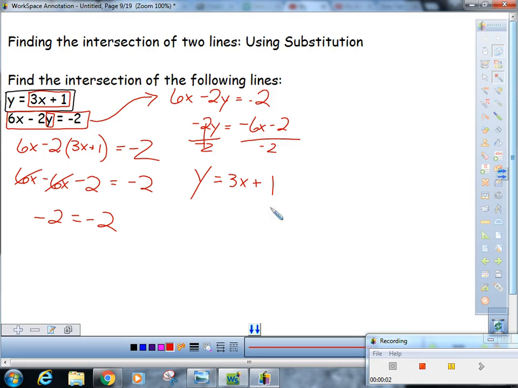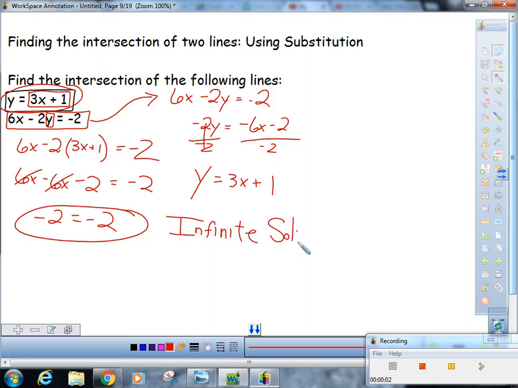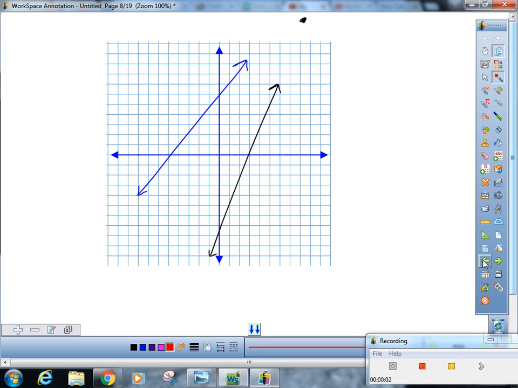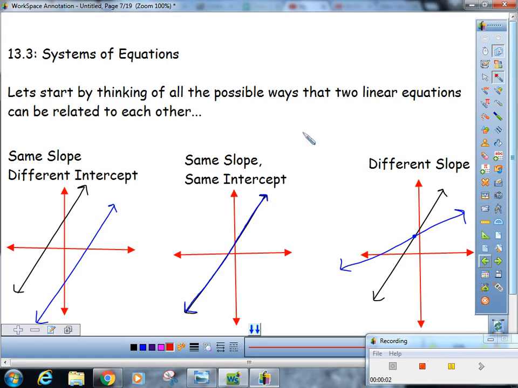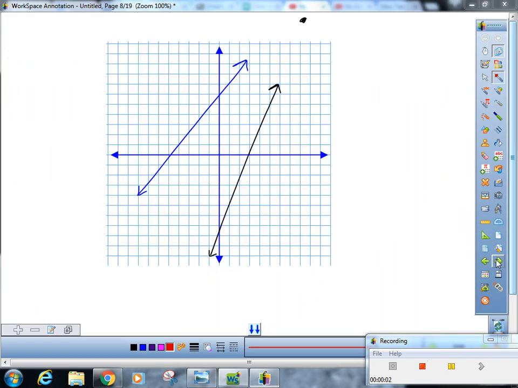This is y equals 3x plus 1. That's why you got to this. The answer is infinite solutions. Okay? So that was this example. They had the same slope and the same intercept.